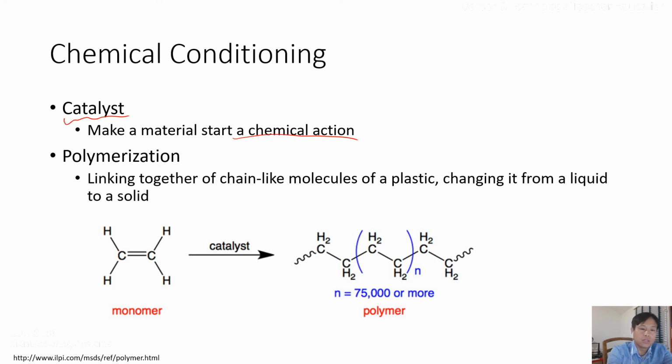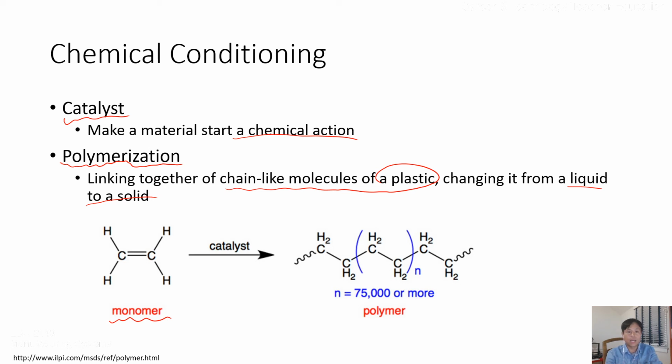I want to highlight this term: polymerization, which is linking together chain-like molecules of plastic, changing it from liquid to solid. For example, this is ethylene, a monomer. With a catalyst, we can change this ethylene, the single molecule, to a chain-like molecule called a polymer.